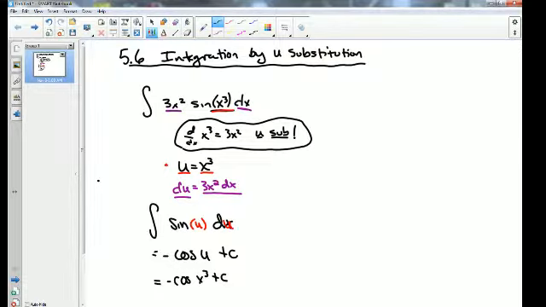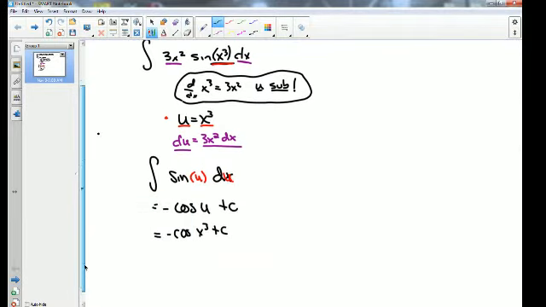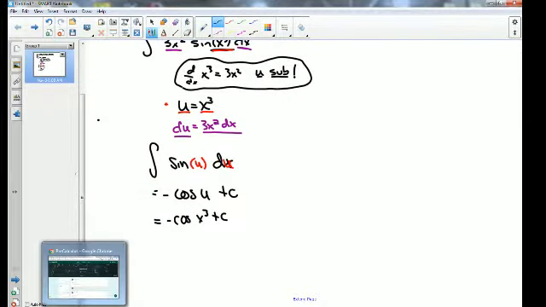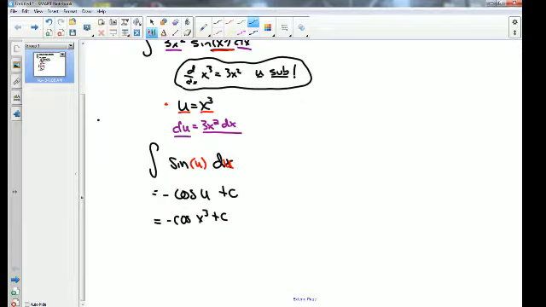Where did the 3x squared dx go? You don't need it. Because if I differentiate this, go ahead, Wyatt, you were going to explain it. When you differentiate that, it's chain rule. Do you drop the 3x squared on the outside? Yeah. Right.